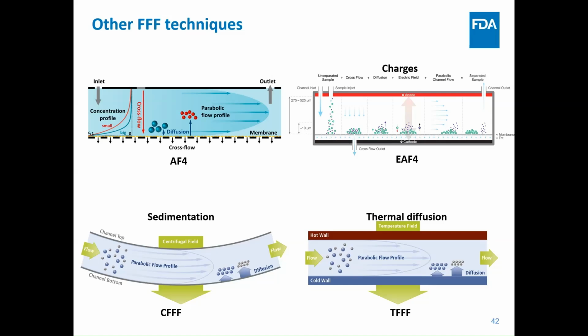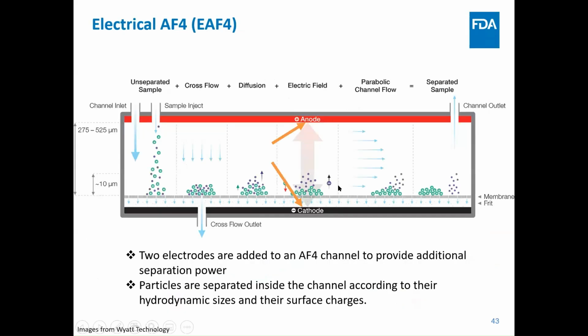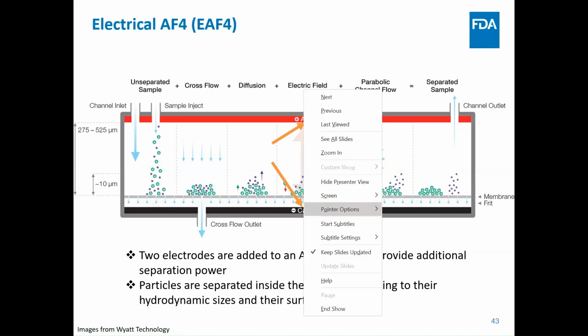The difference is what mechanism they use to generate the separation field. The first one is called electrical AF4. As you may notice, electrical FFF is, in terms of channel design, quite similar to the regular AF4.